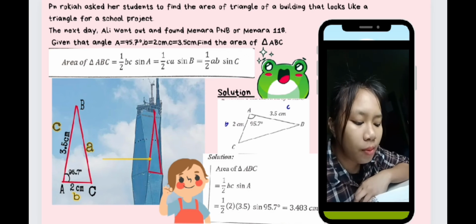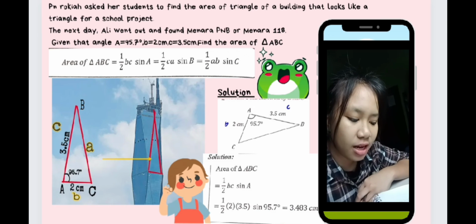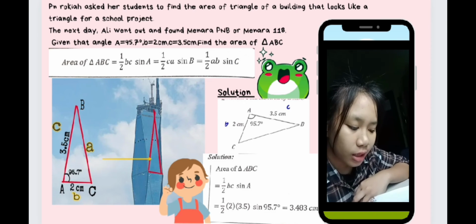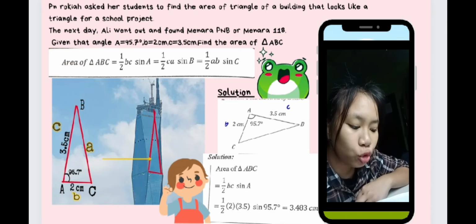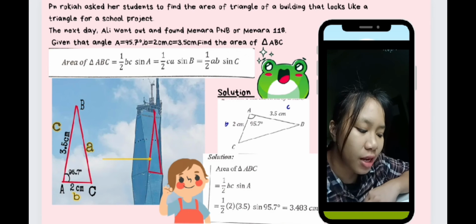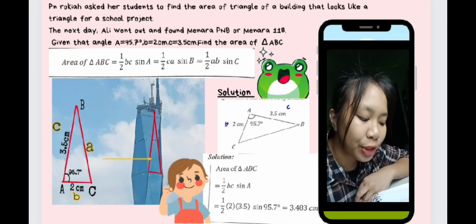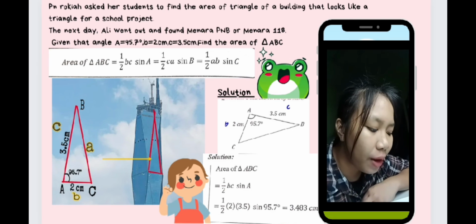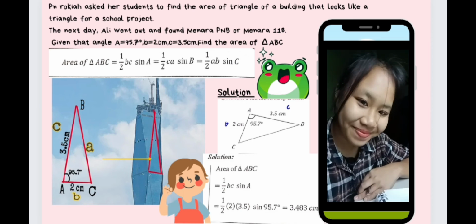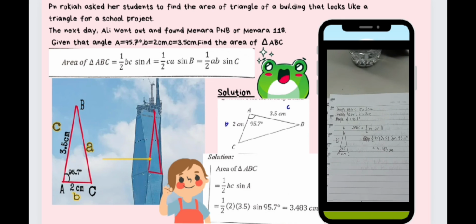Using the formula given, 1 per 2 bc sine A, 1 per 2 times 2 times 3.5 times sine 95.7 degrees. And lastly, we found out the answer is 3.483 cm. And this is how I found the area of a triangle using the sine rule.